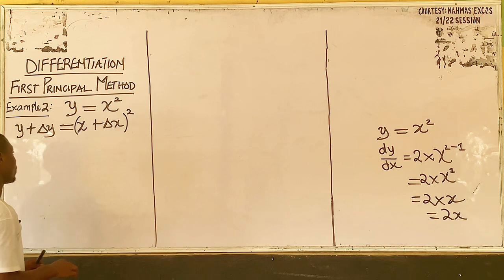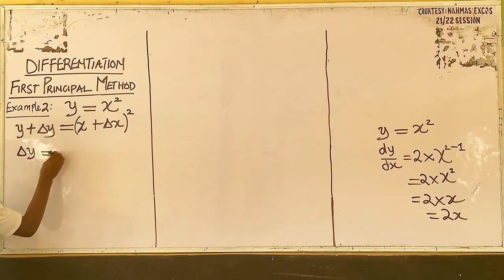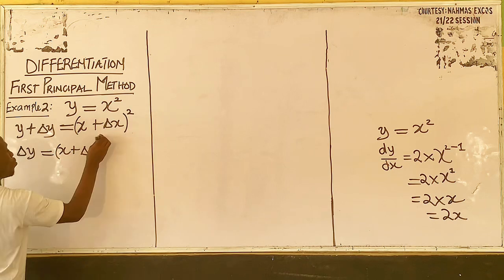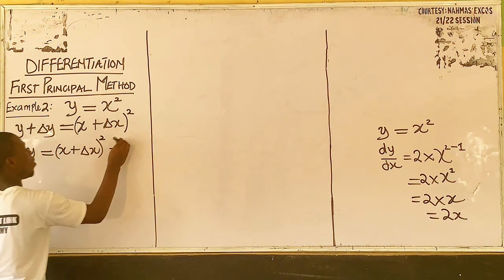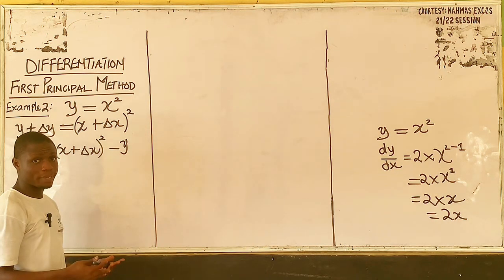At this junction here, we said always take y to the other side. So I'll have that change in y is equal to what there? x plus change in x all squared minus y, because plus y becomes what there? A negative y.